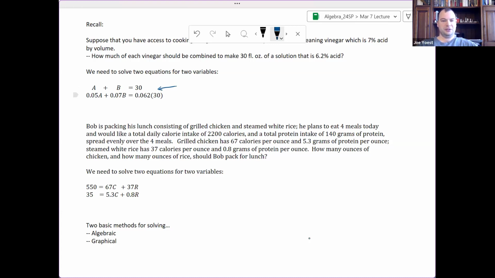But one thing we might do is say, if A plus B is 30, we can solve for A. And then if A is 30 minus B, I could swap in 30 minus B for this A, giving me one equation in one variable. So I go from a 2 by 2, two equations and two variables, down to a 1 by 1.